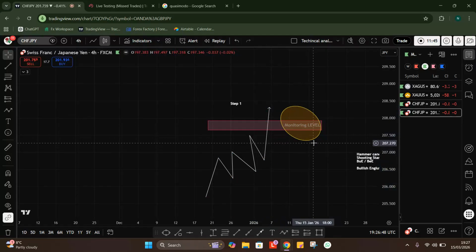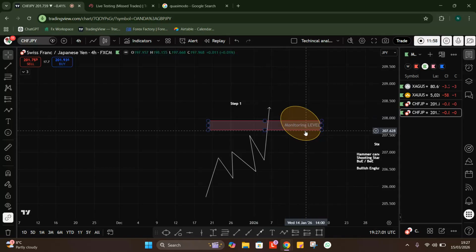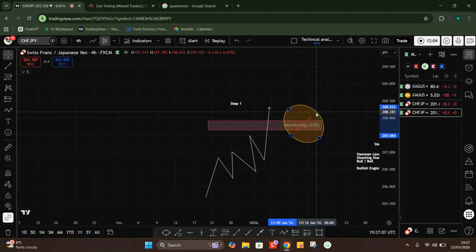Because you were just monitoring the level. I feel like support and resistance traders would understand this a lot better, because I believe most of them trade confirmation. But supply and demand traders are used to just selling the zone, because they think they're selling with the banks, which is bullshit.